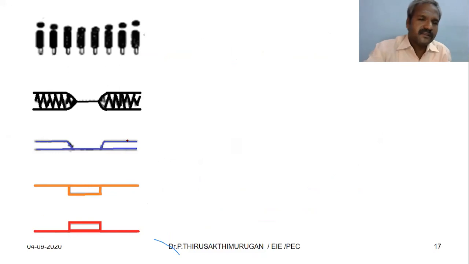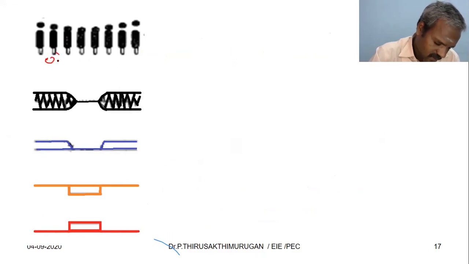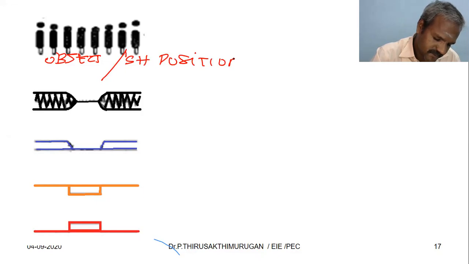You see the various sensor positions, the object and sensor head positions. This is the oscillator output.